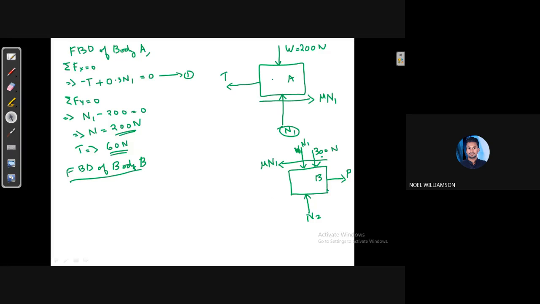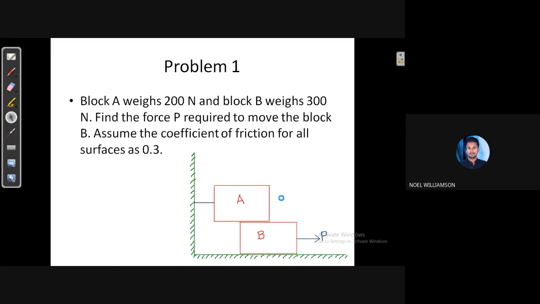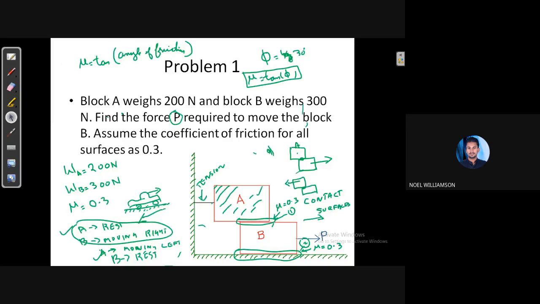Okay. Now we will consider the frictional force at the contact surface 2. So in this contact surface here, what is the relative movement? That is a horizontal surface. It is kept stationary and B is moving towards the right side. Okay. So when B is moving towards the right, the friction will be along the left direction.